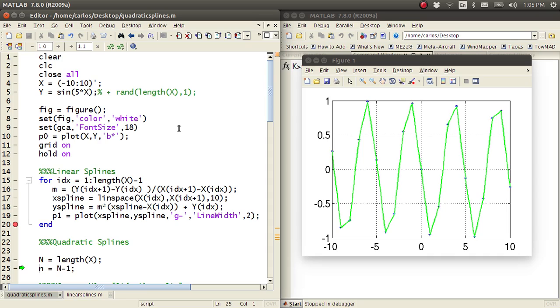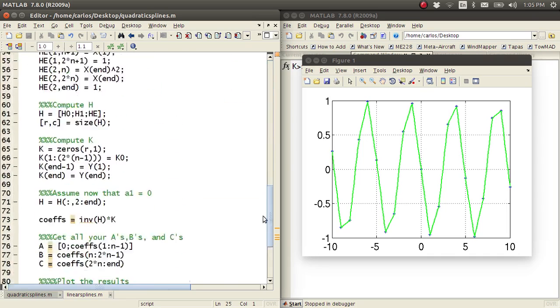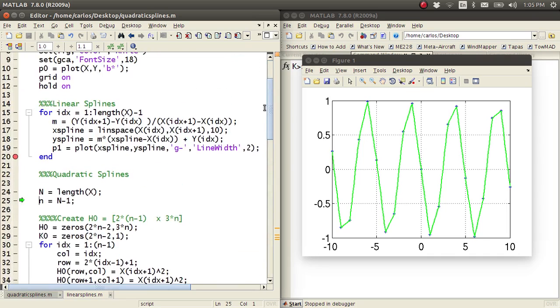The code for quadratic splines is fairly extensive, so I went ahead and wrote it ahead of time. I'm going to step through this code one by one. Basically, you have three separate conditions for quadratic splines. The first condition is that the spline connecting from one endpoint to the other and the spline to its adjacent neighbor, the value in between each spline needs to be the same.